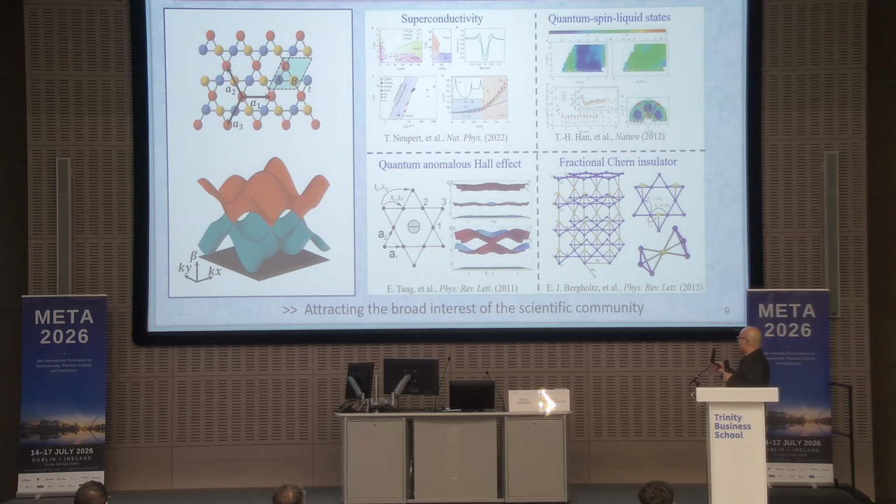Examples from condensed matter include superconductivity, quantum spin liquid states, the anomalous quantum Hall effect, and fractional Chern insulators. These are all related to flat band phenomena or flat band localization, which is responsible for explaining the physics behind them. This is the reason why it is attracting broad interest from the scientific community.